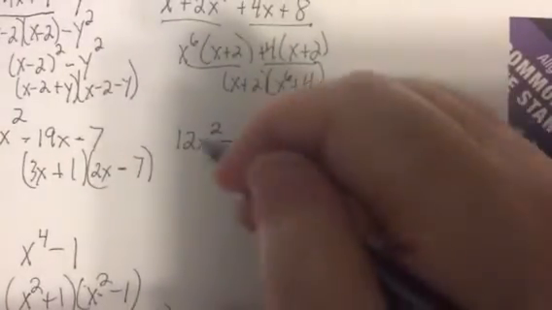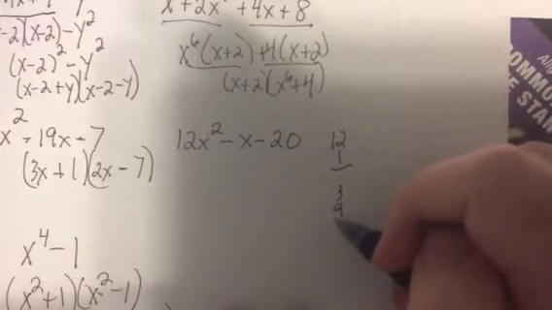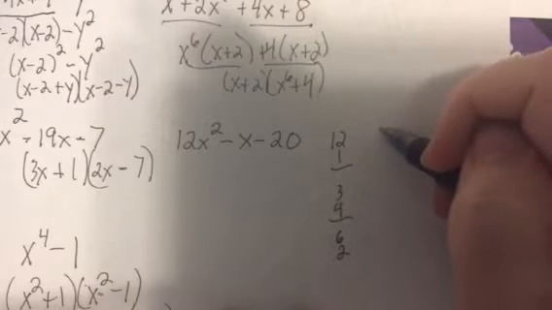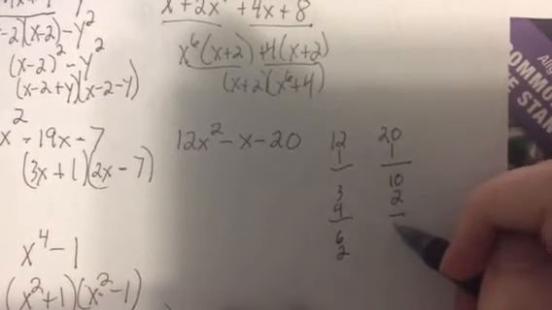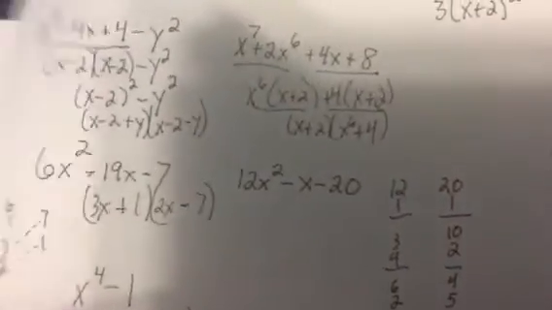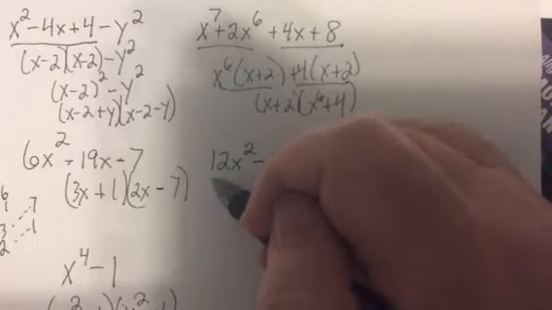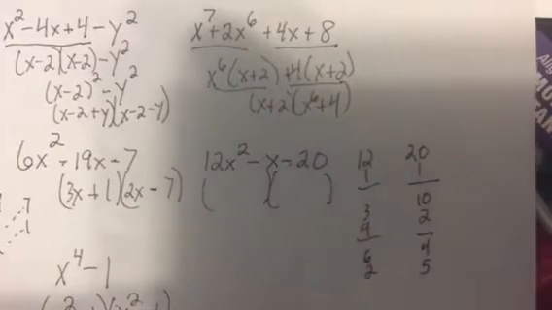This one, oh, big numbers. 12 is 12, 1, 3, 4, 6, 2. 20 is 20, 1, 10, 2, 4, 5. Now I need a combination where I take one of each and then multiply, then subtract again. I'll get 1.